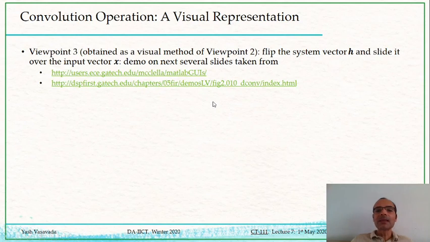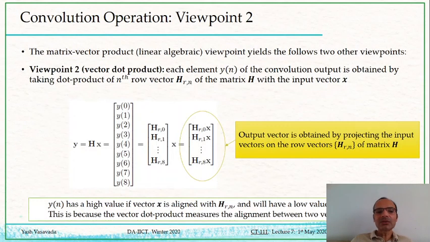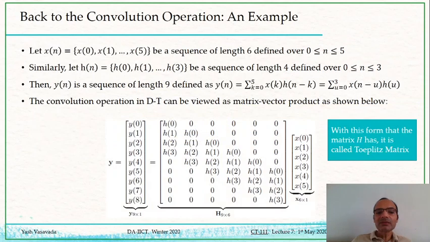You should go and visit this particular website, and it has some more demos that you can play with. Now, before we look at this visualization, what I want you to understand is that in this dot product based viewpoint, where we are looking at the individual rows of the H matrix, when we wrote this matrix in the detailed manner, these individual rows again have the same H vector, except instead of writing it as H0, H1, H2, H3, we are writing it in the opposite manner.